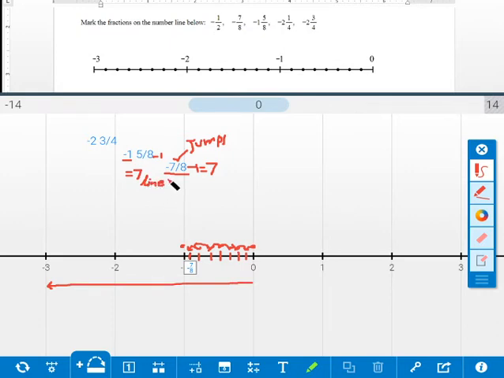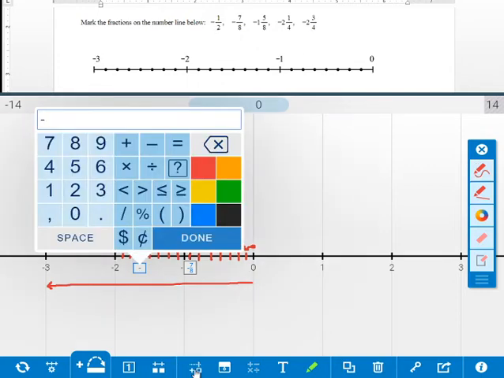So we draw 7 lines here: 1, 2, 3, 4, 5, 6 and 7, and the numerator shows the number of jumps. So we have 5 jumps: first jump, second jump, third jump, fourth jump and fifth jump. So this number is actually minus 1 whole 5 by 8. This is the location.